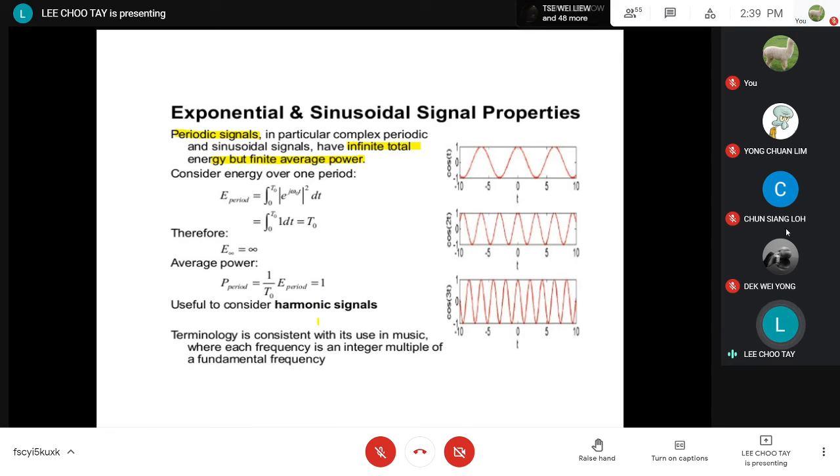A harmonic signal may consist of multiple signals, so it may have harmonics. So when we come to it, then we use it.